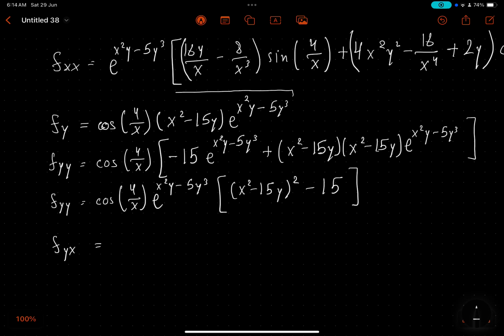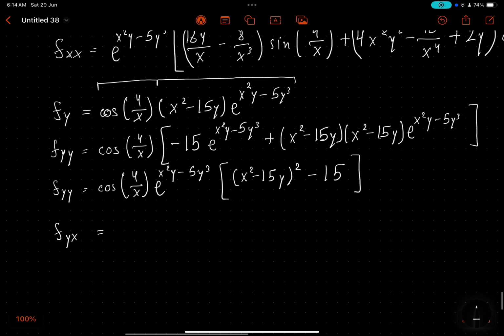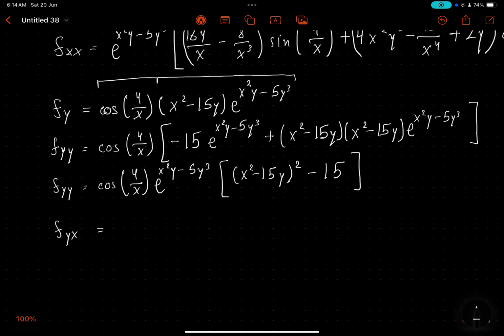So this is our first part, the cosine, this is our second part, and then we're going to differentiate. So we have two parts, and we're going to try to differentiate them. So our first one, we're going to have minus times minus 4 over x squared, cosine of 4 over x.